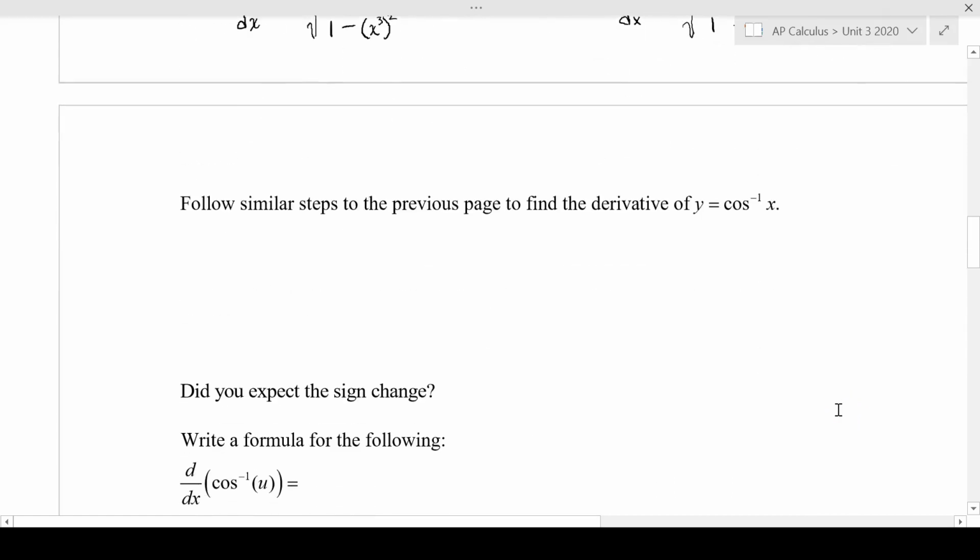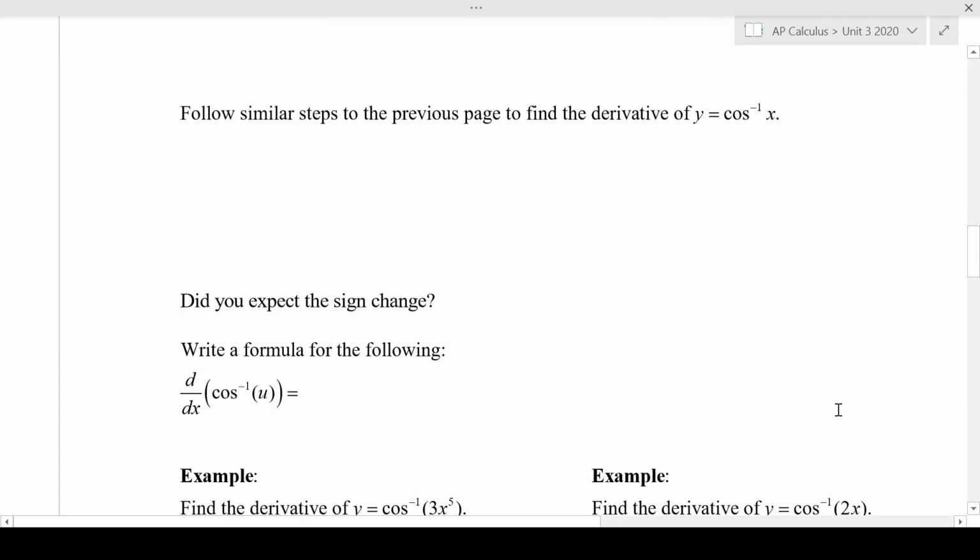Okay, so this says to follow similar steps to the previous page to find the derivative of y equals cosine inverse x. Well, let's do that. I'm going to take the cosine of both sides so that I have cosine y equals cosine of cosine inverse x. And of course, if I took the cosine of cosine inverse, that would result in just the input, x.